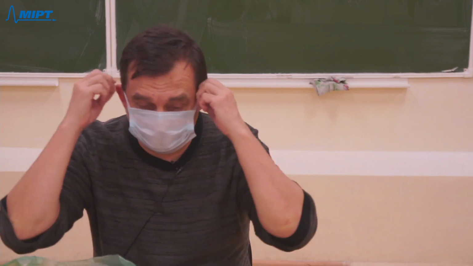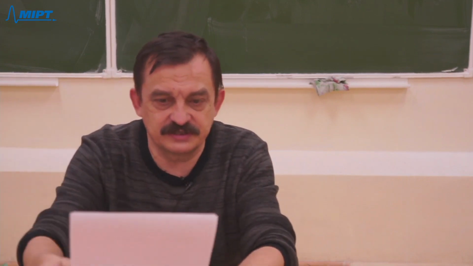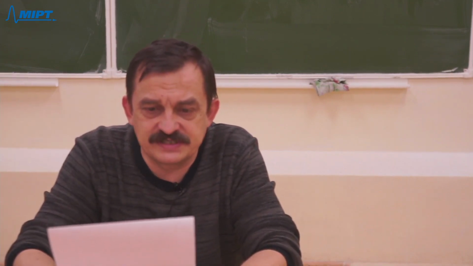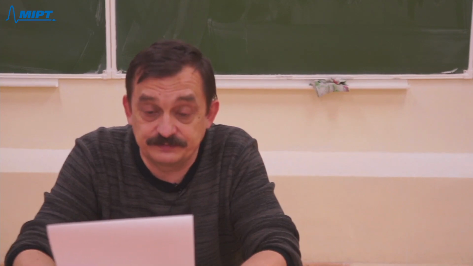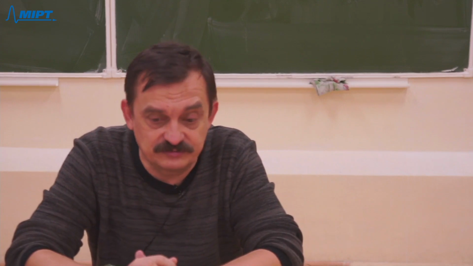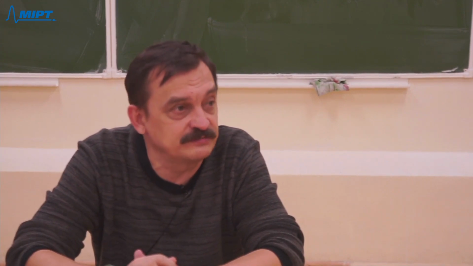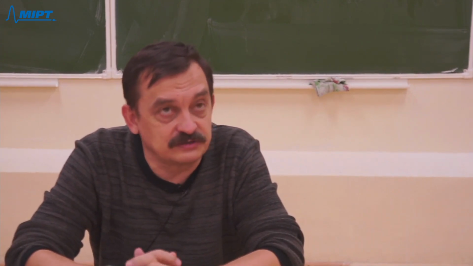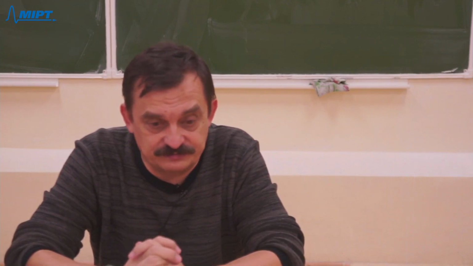Let me go along the program. So the first question, power series, maybe it's better, right? Power series, Cauchy-Hadamard theorem. Here, of course, you need to give a definition of the power series, right? Also, radius of convergence.